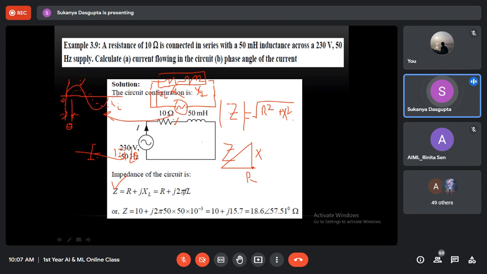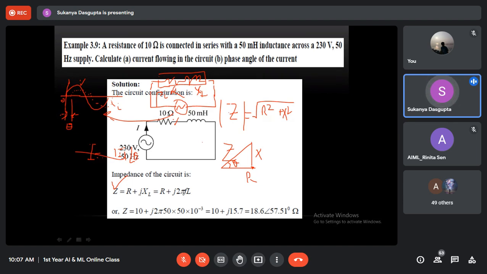But if you really want to find the current or voltage with this impedance, definitely you need to consider this phase angle theta, right? So definitely Z can be represented by R plus jX.